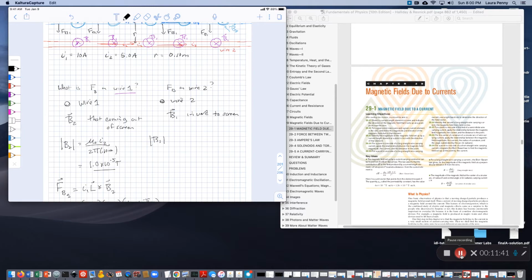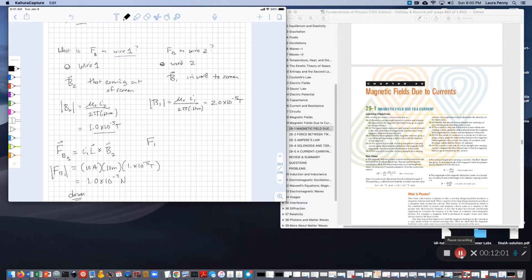Where B1, the magnitude should be mu naught I1, again divided by this, but now I1 is twice as large as I2, and so this is going to be twice as large a magnetic field.